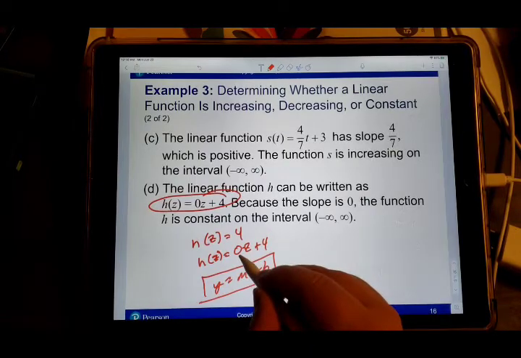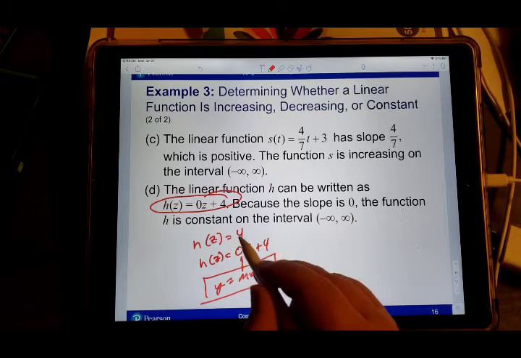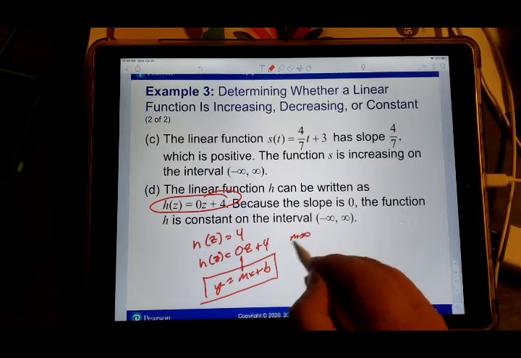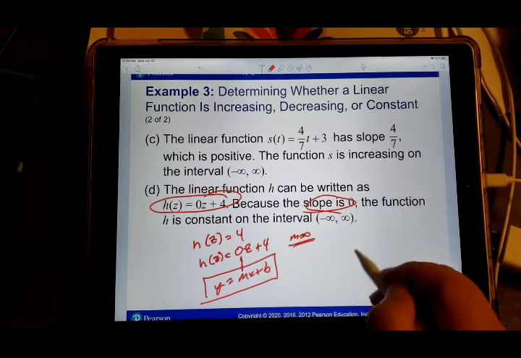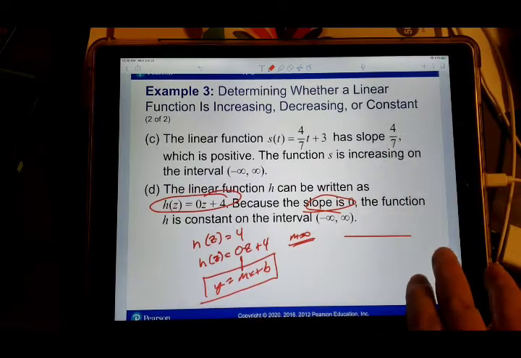So m was invisible, but it was 0, because that's the only way you would have no variable here. So if m is 0, that would be a slope of 0, and it would be a constant function, or a horizontal line.